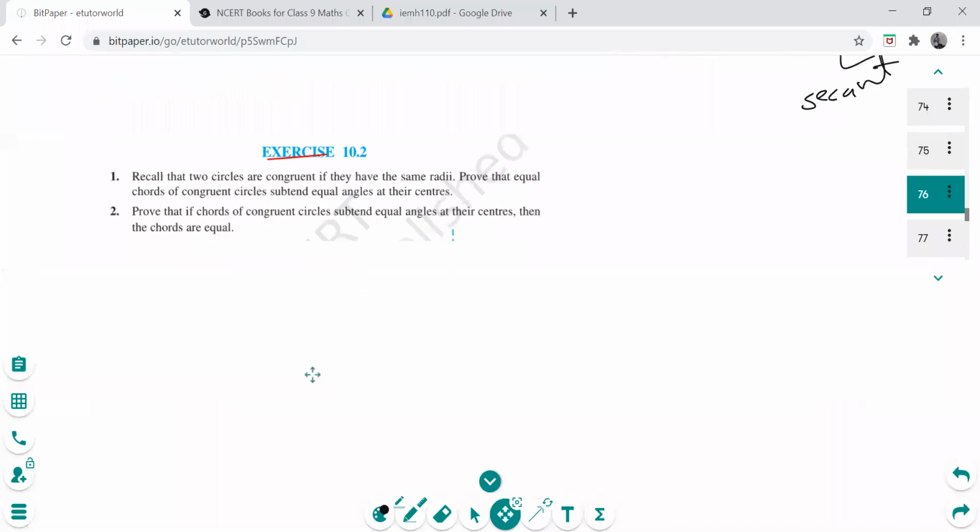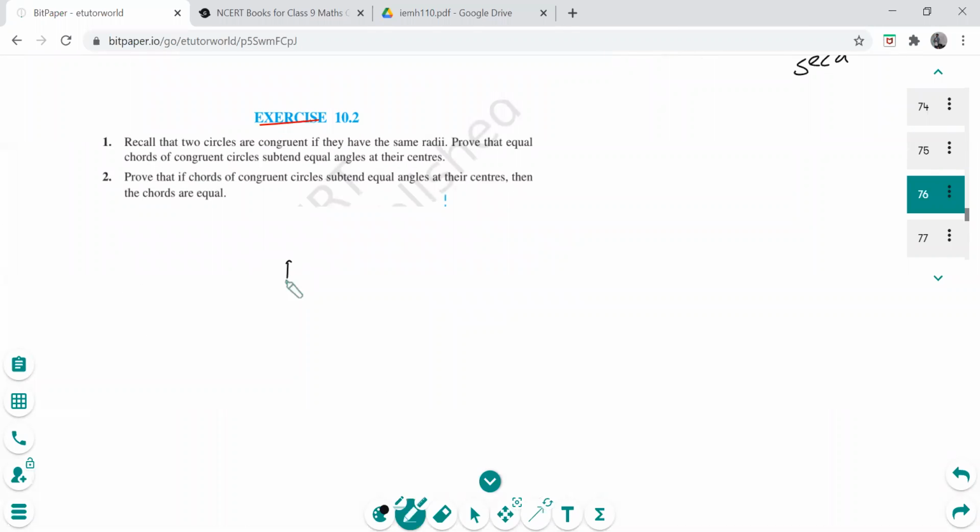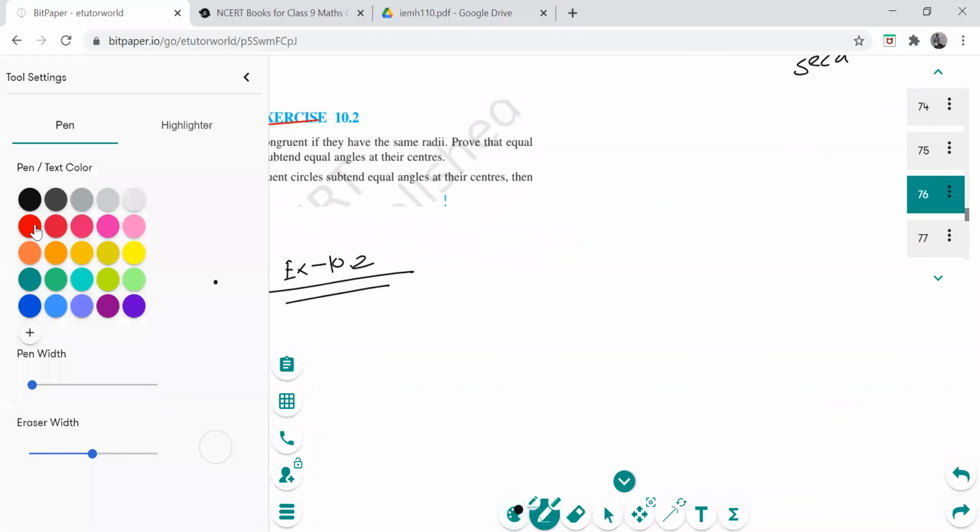Now let's start with exercise 10.2. Before starting 10.2, tell me when two circles are congruent. What do you mean by congruent first of all?